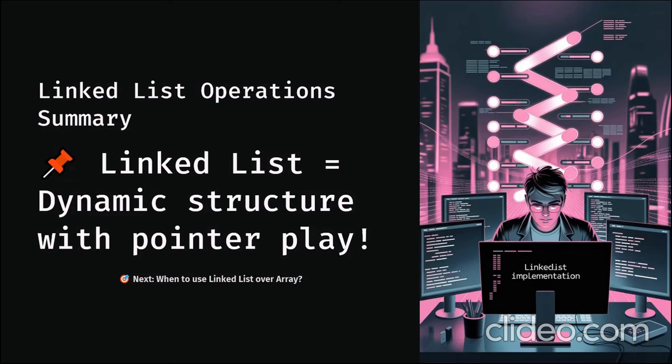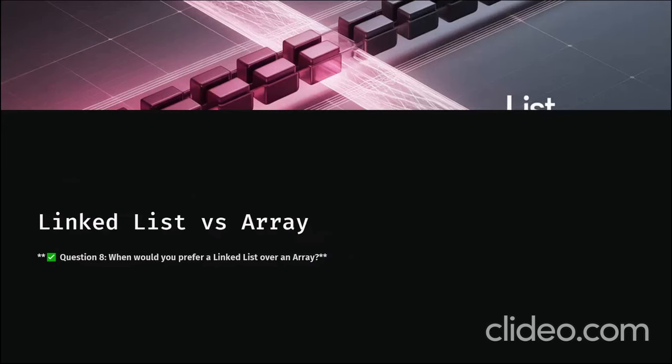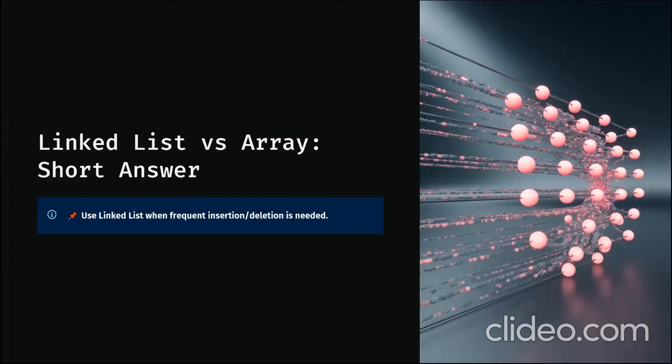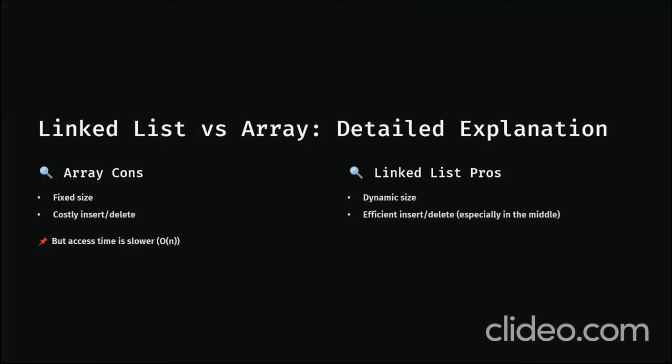Next, when to use a linked list over an array. This is our question: when would you prefer a linked list over an array? Your short answer: use a linked list when frequent insertion and deletion are needed. In the context of an array, it has a fixed size and costly insert and delete.